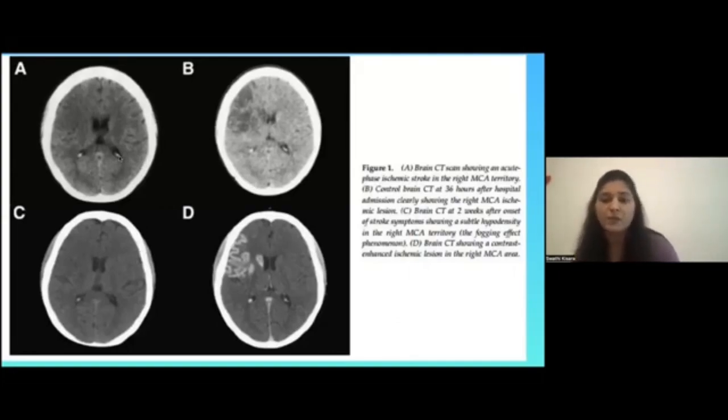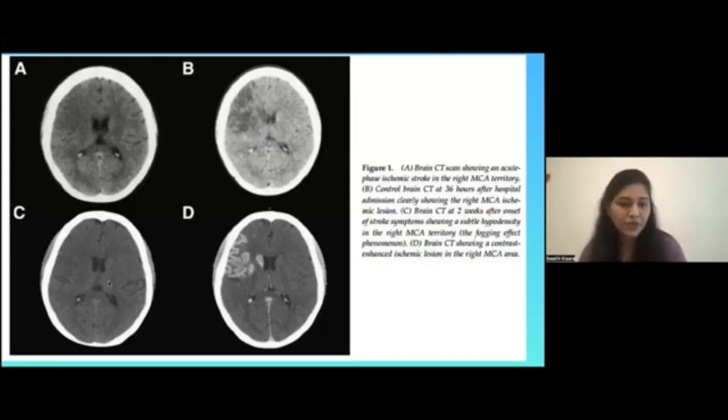So this is the brain CT image in acute phase ischemic stroke in the right MCA territory. We can see that the findings are very subtle. Whereas this is the image that is taken at 36 hours after hospital admission, and it clearly shows the infarct as hypodense region in the right MCA territory.